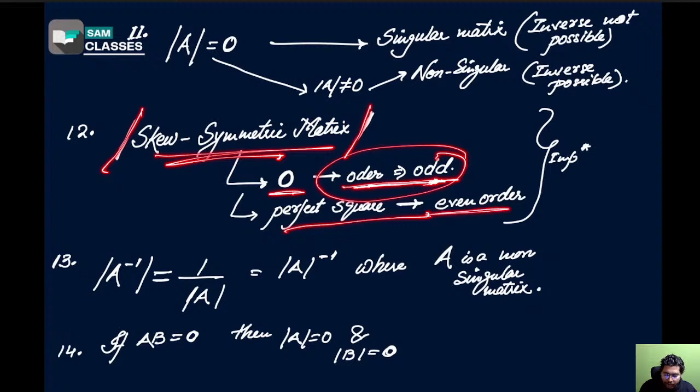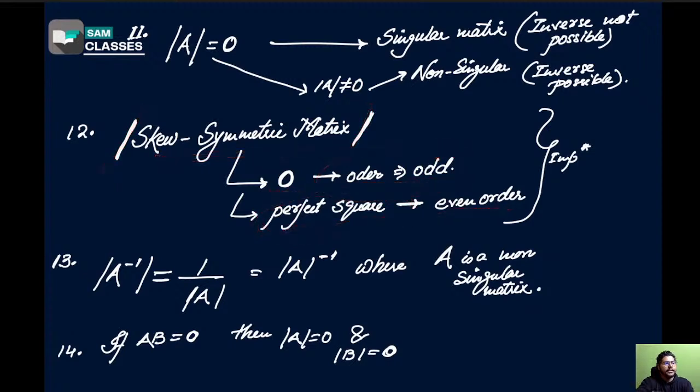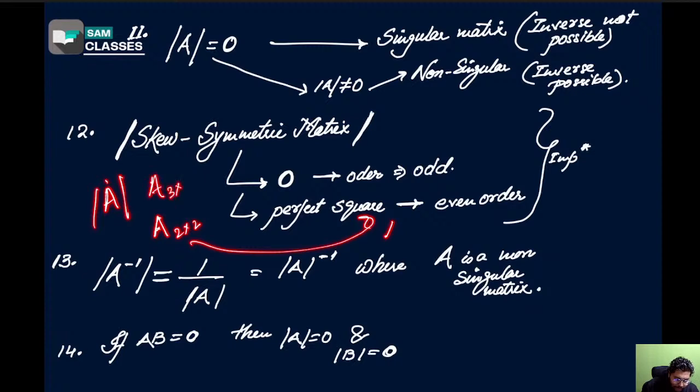If it is an even order, then it will give me a perfect square. Very, very important.